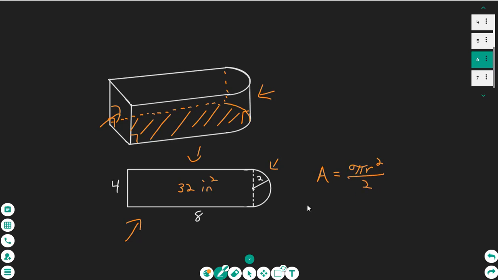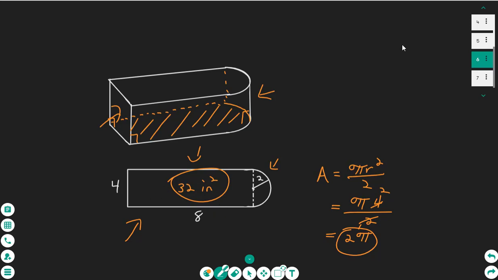We cut it in half, because it's half of a circle, right? So we divide it by 2. So let's go ahead and do that. So we have pi times the r, which is a 2 squared. Maybe we'll just do that in our heads. 2 squared is going to be 4 over 2. But that can be reduced to simply 2 pi. All right? So we have 32 inches squared for the rectangular part, 2 pi for the circular part.